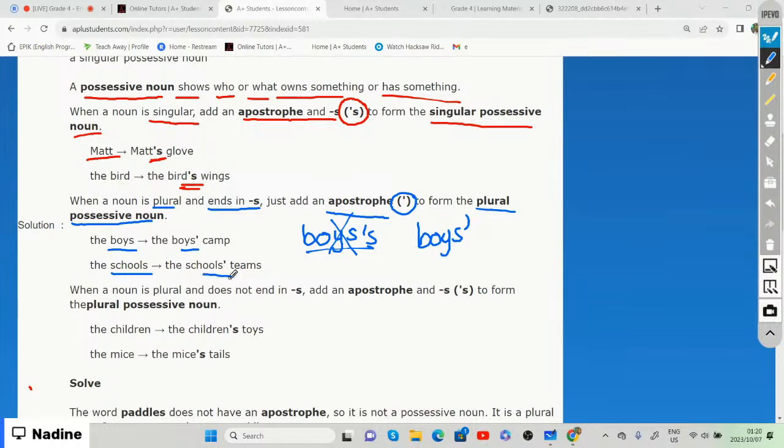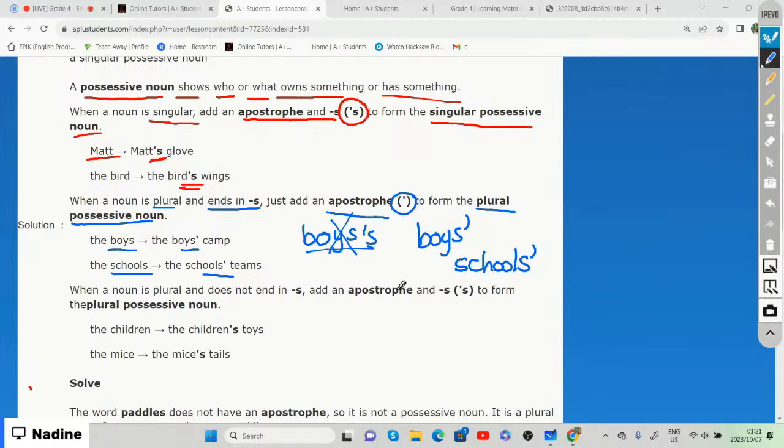And we only added the apostrophe at the end, only the apostrophe. So we said schools and we added the apostrophe at the end, because that plural noun basically ends in an S, so we just add the apostrophe at the end of that word.